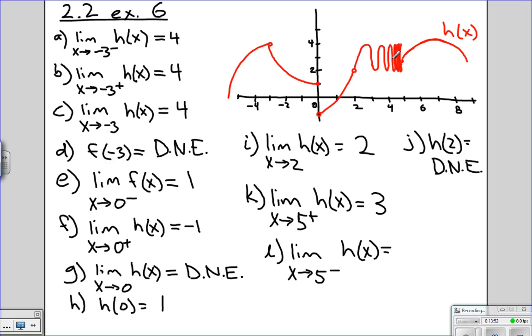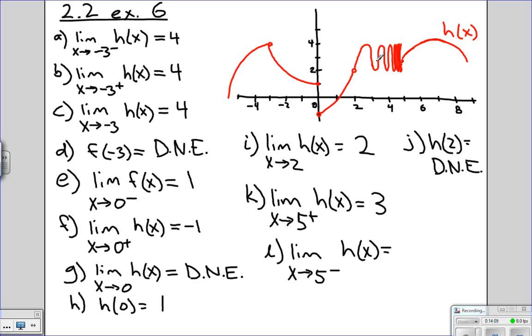For instance, if you're looking at the limit as you go towards x equals 2, eventually when you get close enough, the y value decides where it wants to be. It settles on y equals 2.